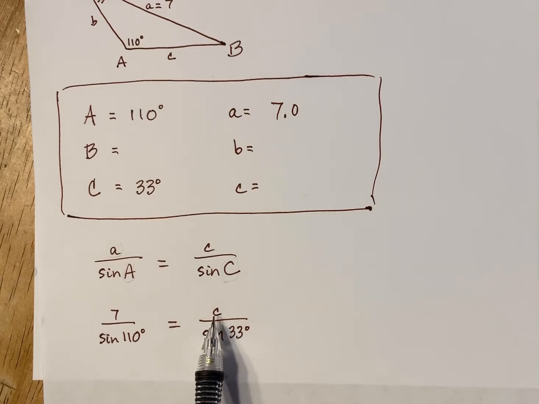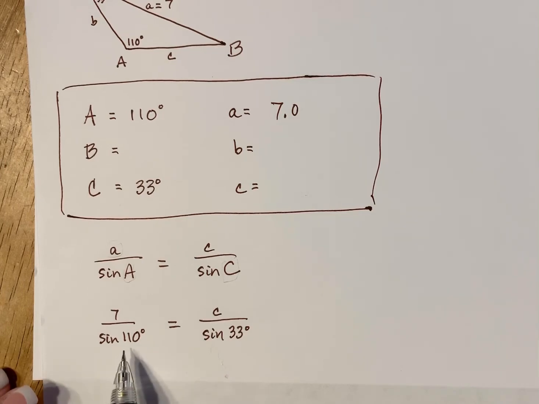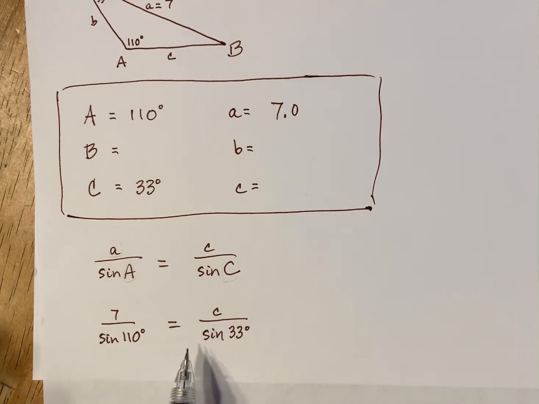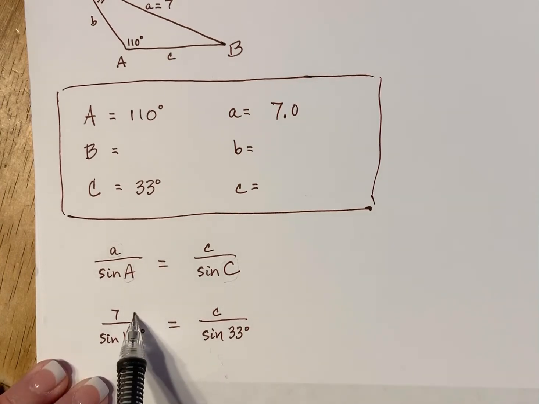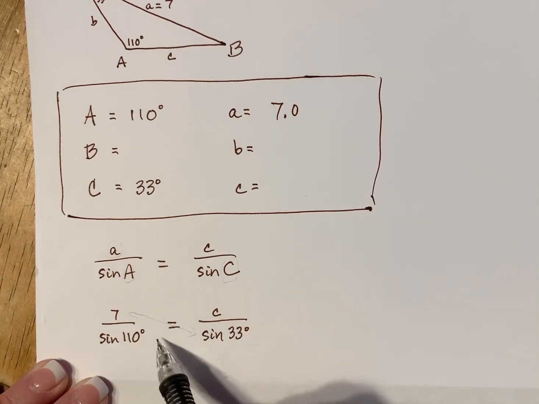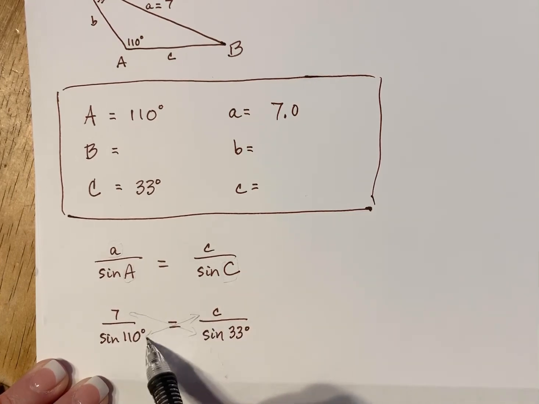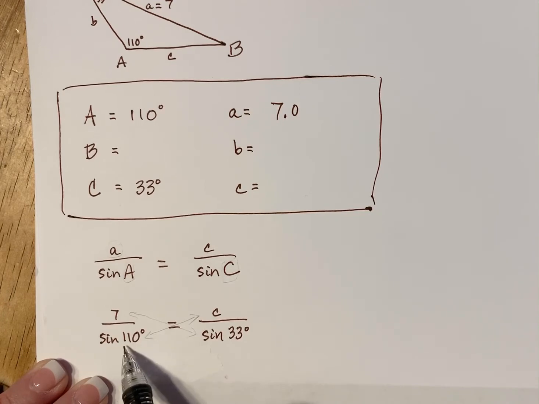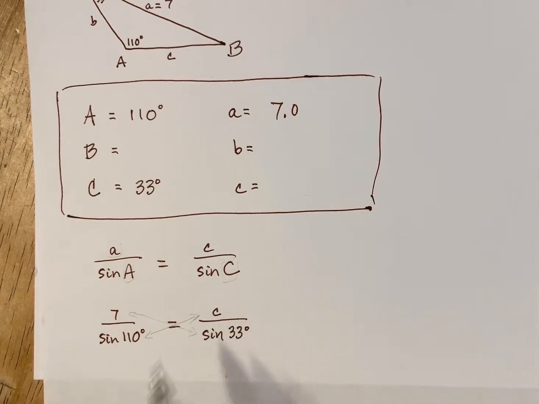You're trying to solve for the variable c, so you could multiply both sides by the sine of 33 degrees, since you're dividing by it. That will work. Or you can use the property that when two ratios are equal, the cross products will be equal. So if you multiply 7 and the sine of 33 degrees, that product will equal the product of the sine of 110 degrees and c.